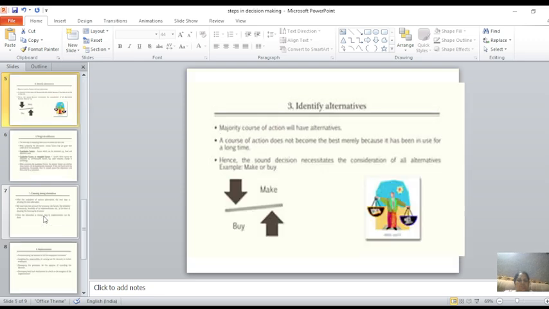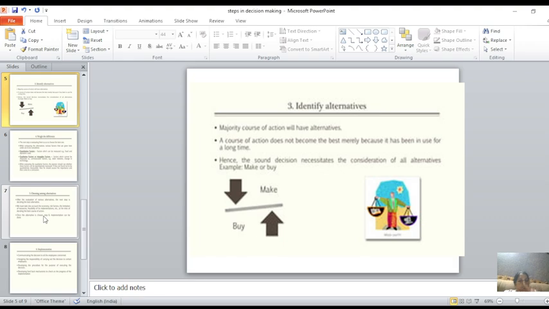And the third step, what is the third step? Third step is identifying the alternatives. What are the alternatives? Majority of courses of action will have an alternate solution. A course of action does not become the best merely because it has been in use for a long time.